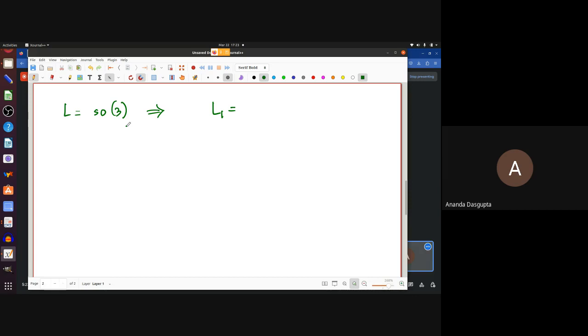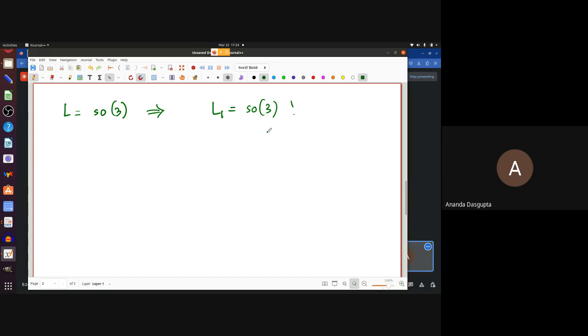Then L1 would be just all possible commutators of so(3) elements, and then you might even take a span after that. But it's easy to see that because Lx and Ly's bracket gives you Lz, Lz and Lx's bracket gives you Ly, and so on, this L1 has to be the same as so(3).